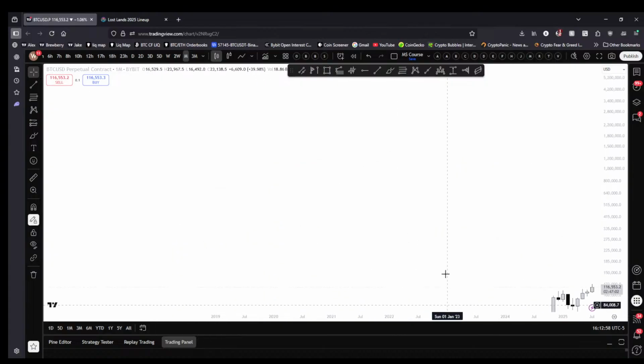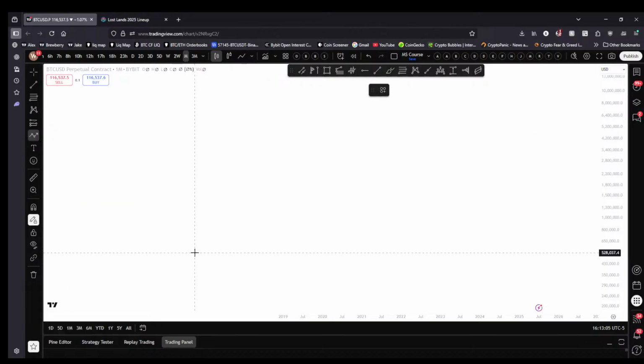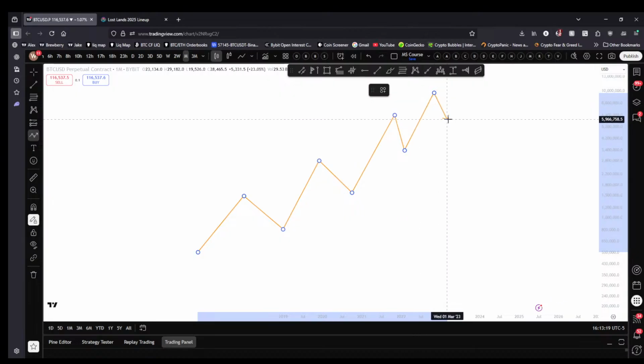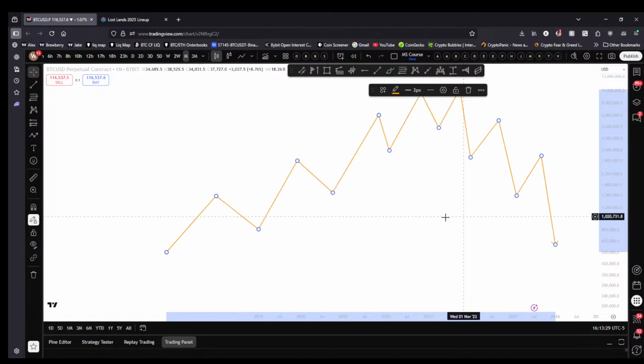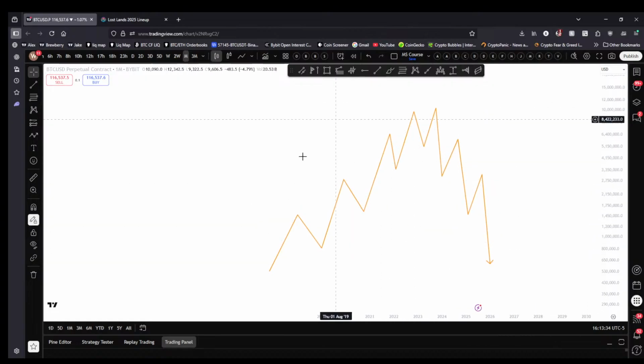So first, let's break down highs and lows. This is a general market cycle trend.